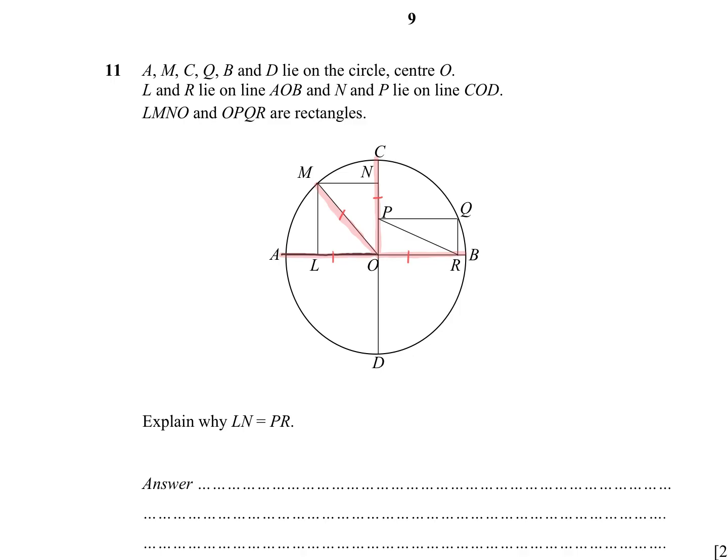So for a rectangle, the very important thing is the diagonals are of the same length. So can I add in OQ as a radius too? Do you see that? So when you have OQ, you can write OQ is a radius of the circle, and OQ is equal to PR, because they are both diagonals of rectangles.